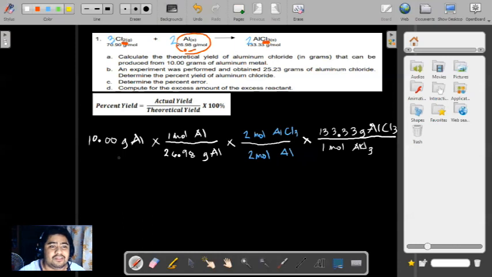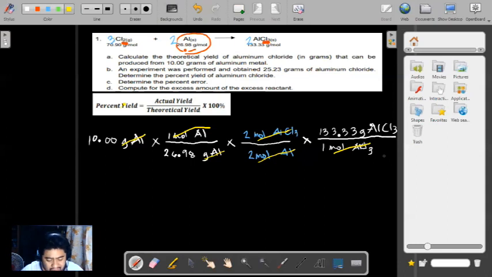So with this, meron tayong mga pwede i-cancel, no? Okay, so we have this one, grams aluminum cancel. Grams aluminum dito sa denominator, that would be gone. Mole of aluminum will also be gone. Mole of AlCl3 and this one. So yun. And then, we'll get through the computation.